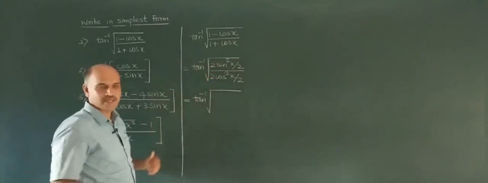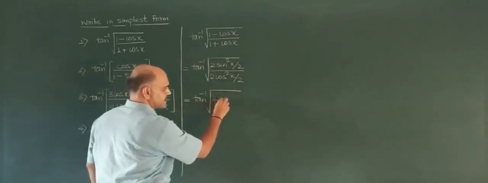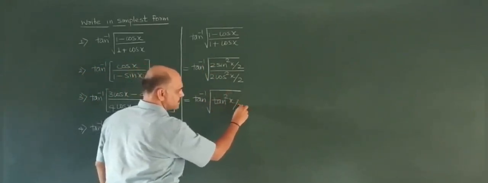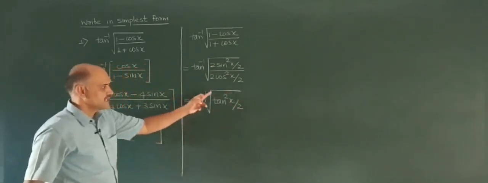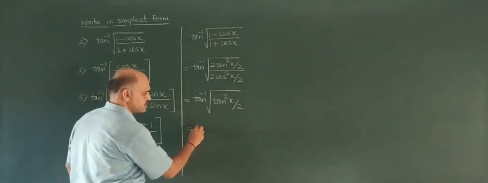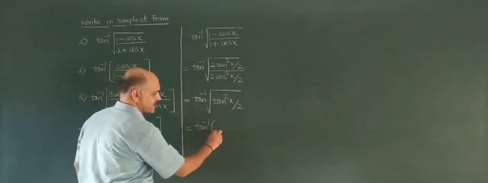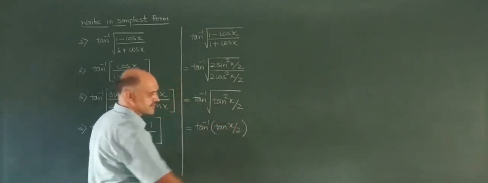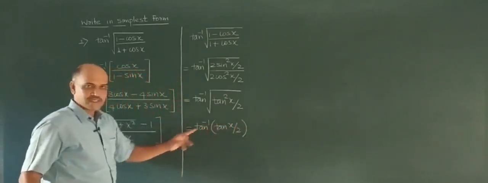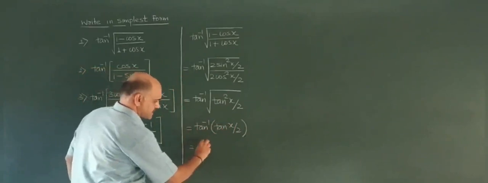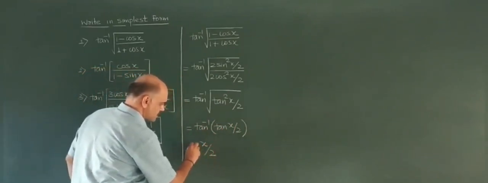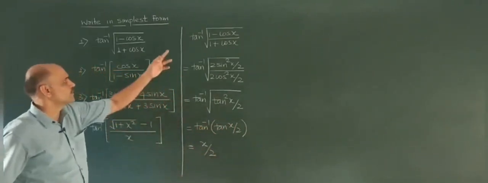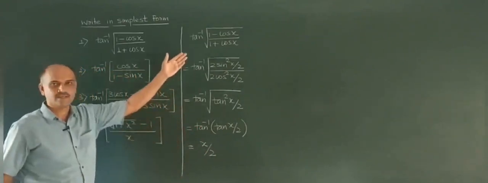So you will have tan square x by 2. Now if I take square root, root and square get cancelled. So I will have tan x by 2. So tan inverse tan gets cancelled. So the answer is x by 2. This is the simplest form of this problem.